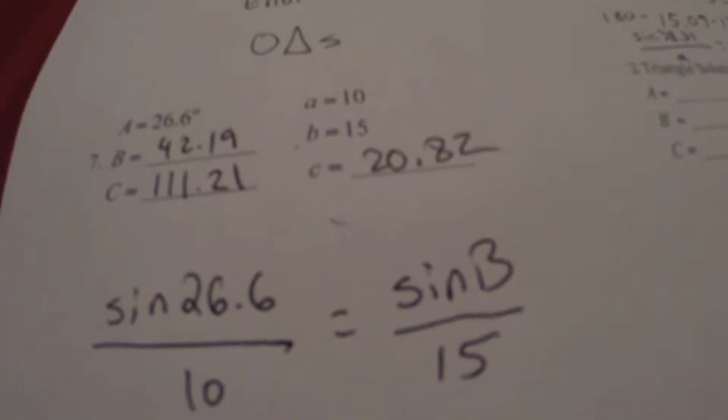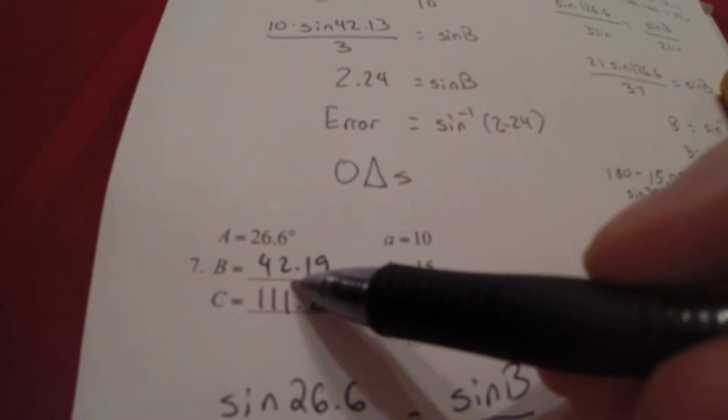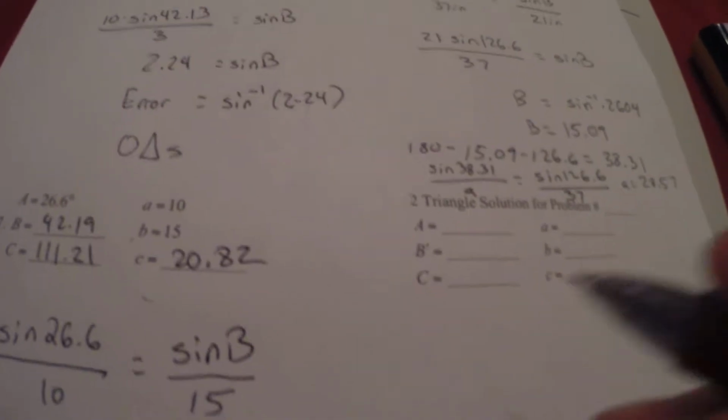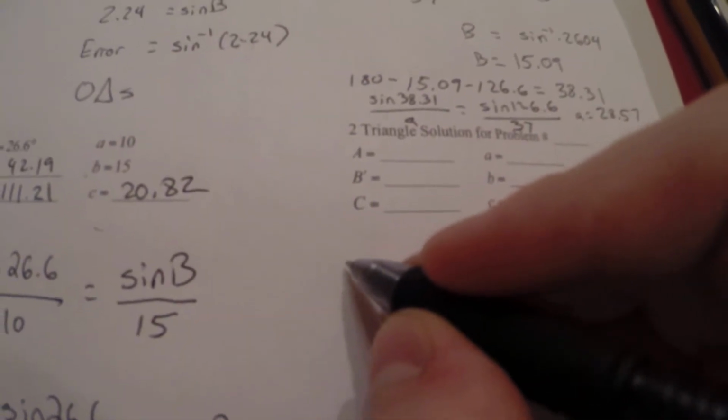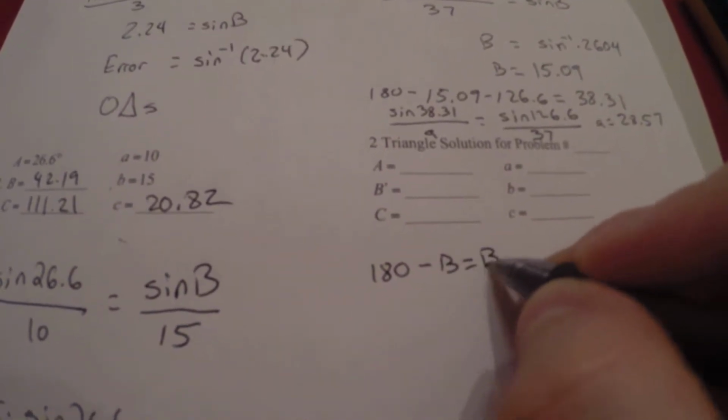That's not really the big deal here. The big deal is how do you figure out how many triangles you have? What we do is we take the first other angle, in this case B, and figure out B prime. I'm going to do 180 minus B, which gives me B prime.